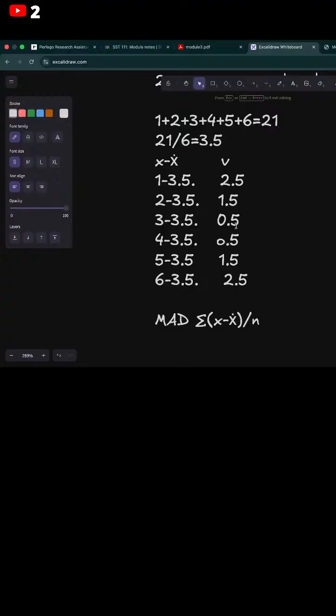So we have 9 divided by 6. It should give us 1.5.